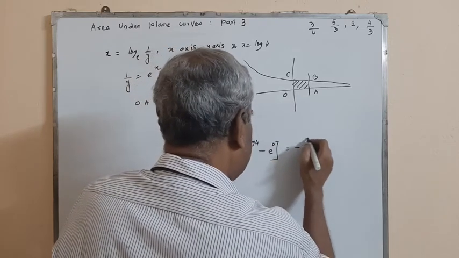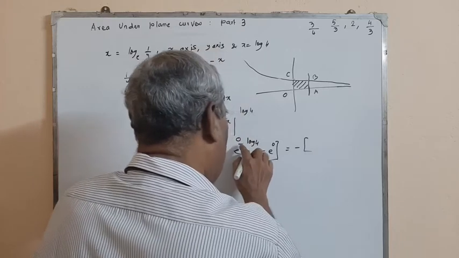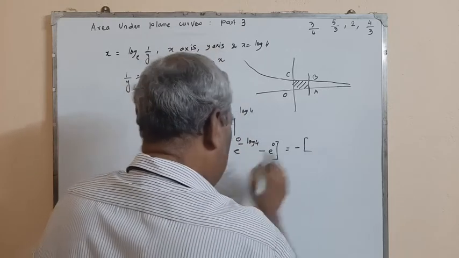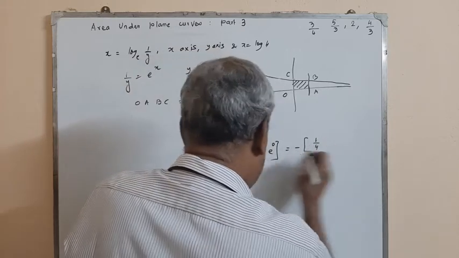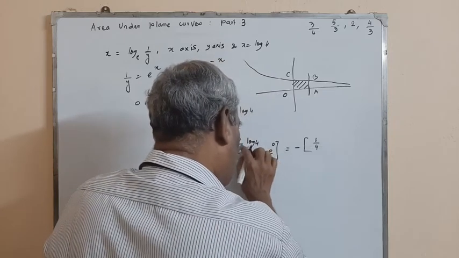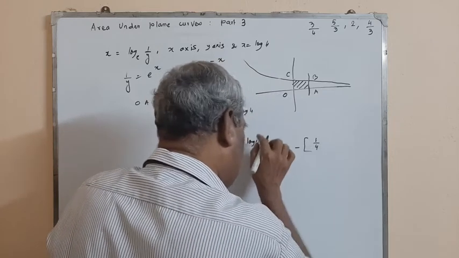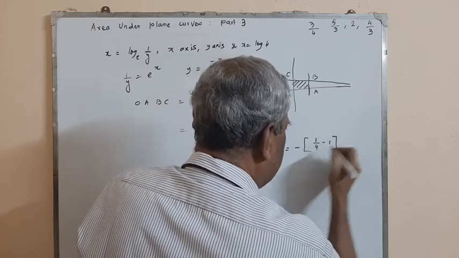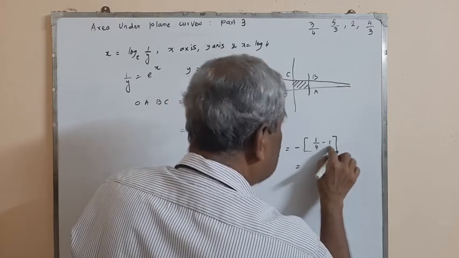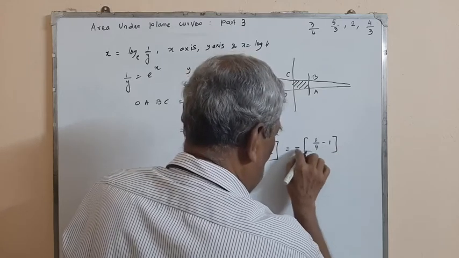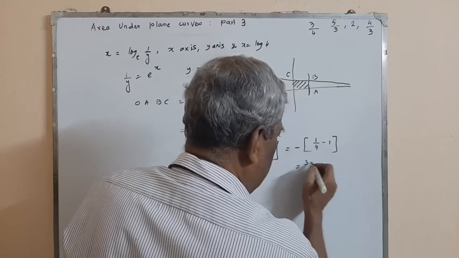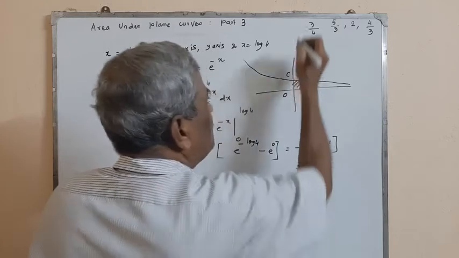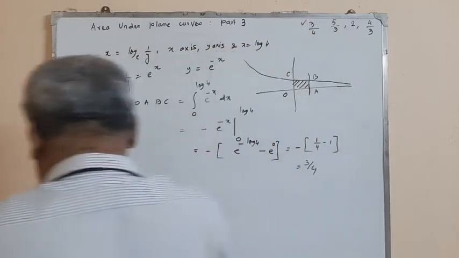So e to the power minus log 4 means 1 by 4, because e to the power log of 4 to the power minus 1 means 1 by 4. Minus 1, so it is equal to minus 3 by 4. So ultimately it is plus 3 by 4. So this option is correct.